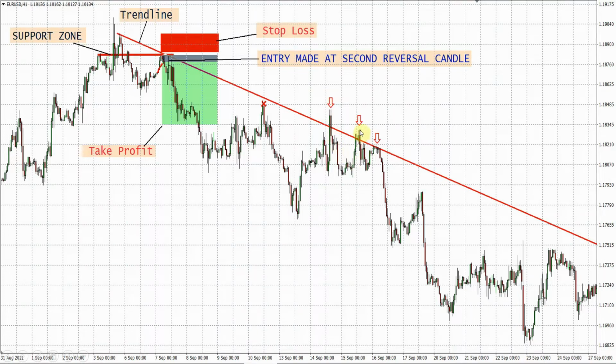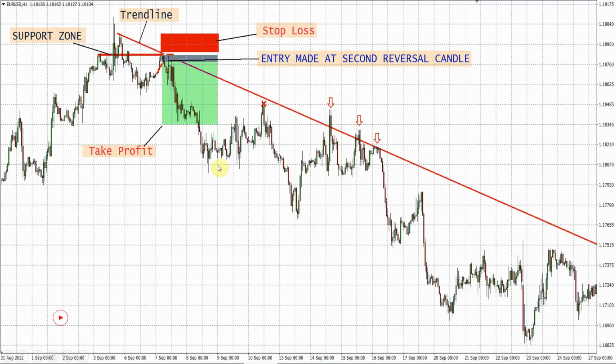There's a minute retracement here, but remember we said previous support or resistance. Can you see that on the previously formed price chart? So we have our entry, second reversal candle. Where is your next support or resistance here? This is it.